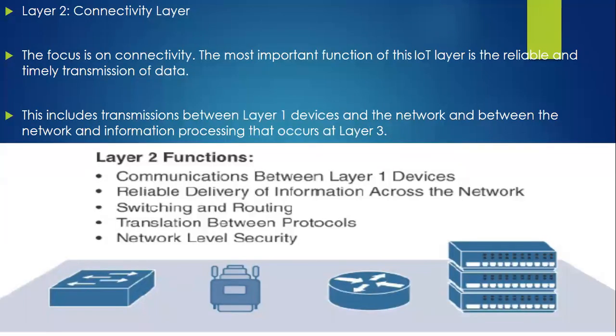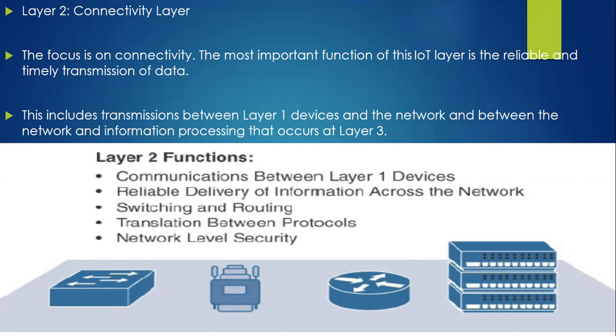Then later, the connectivity layer. Here the focus is on connectivity. The most important function of this IoT layer is the reliable and timely transmission of data, like real-time information. We have a main difference between IT and IoT architecture: scheduled-based data transmission is available in IT network architecture, but here real-time data transmission should be available, so time to time we need to transfer the information.